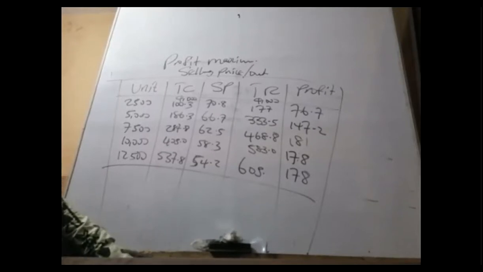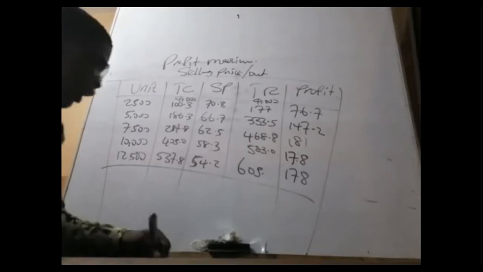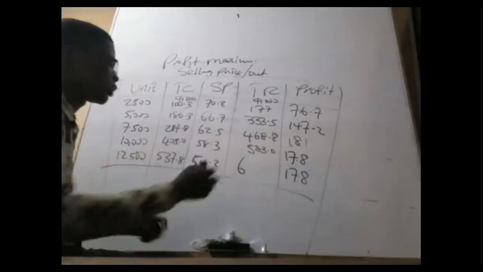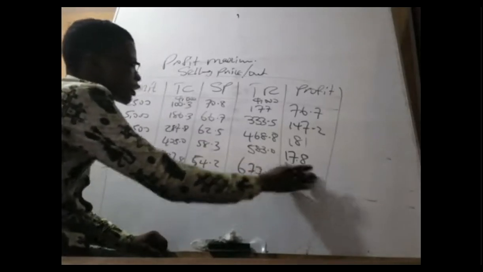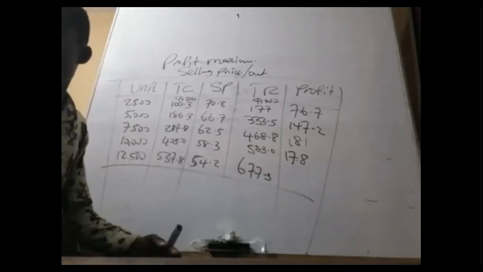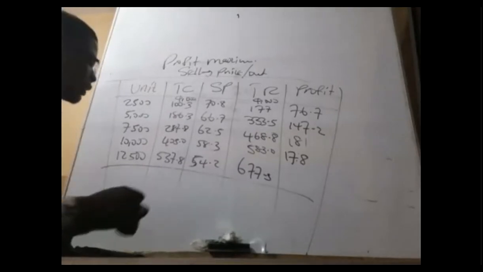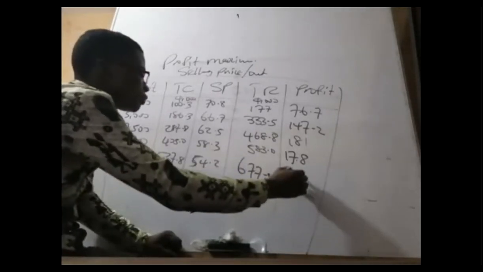I hope now everything is okay. 12,500 units times the selling price of 54.2 should give us 677.5. This figure should change to 139.7.